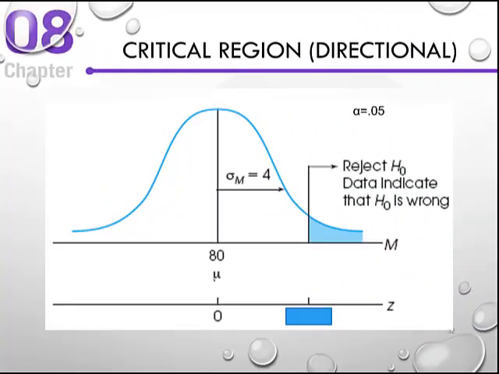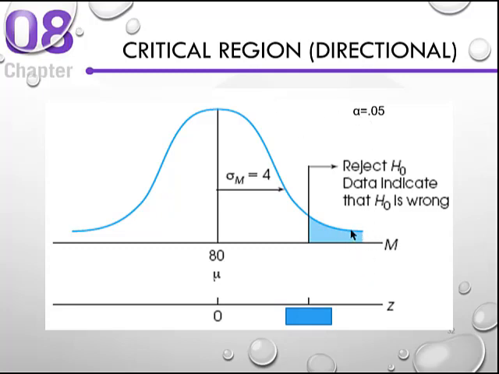The logic for setting the critical region for a directional or one-tailed test is exactly the same as I explained to you earlier. But the one-tailed test allows rejecting the null hypothesis with a relatively small difference, provided the difference is in the predicted direction. Instead of just having that area that our alpha level determines split up in two tails, that area is now in just one tail. So let's assume for this one, we're setting an alpha of 0.05, right?